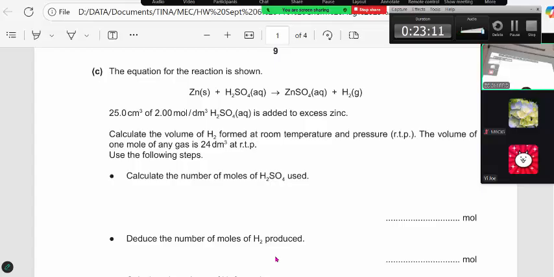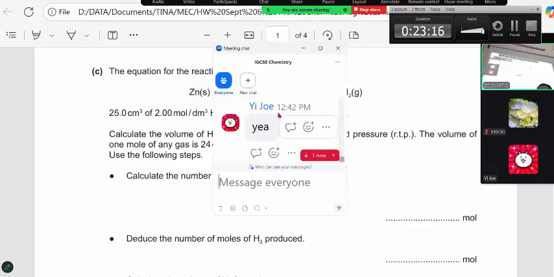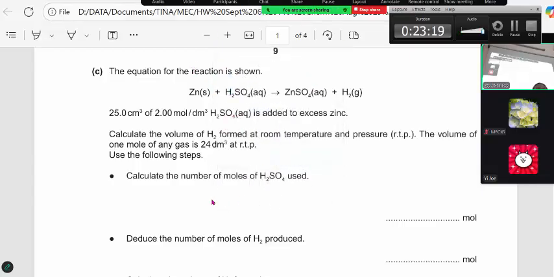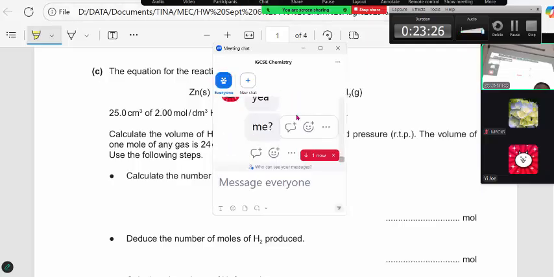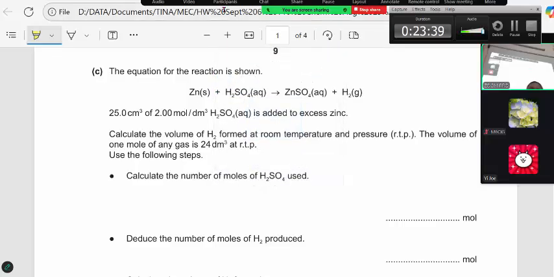Alright. Because you haven't done it, you must tell me all the formulas. Number of moles of sulfuric acid. There are three formulas. You must go and look back at the three formulas first. The paper is with you. Notes are with you.